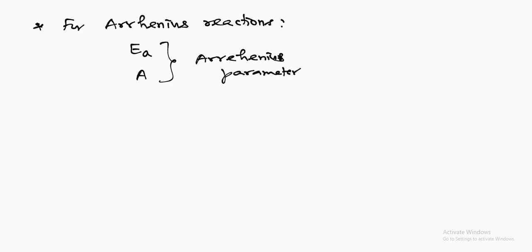For Arrhenius reactions, activation energy and the pre-exponential factor, we call them collectively Arrhenius factors or Arrhenius parameters, and these two Arrhenius parameters are temperature independent. So for Arrhenius reactions, EA and A are temperature independent. Keep that in mind.